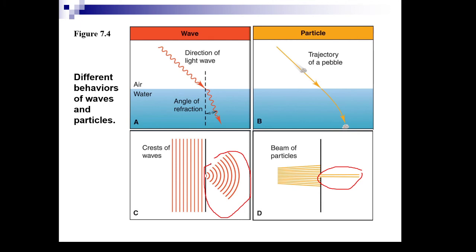Now, I don't mean that if I take an empty box and zero out the balance and shine a flashlight into the box, that it'll read mass. But mathematically, since it's made of electrons, light has a mass because it is a particle.